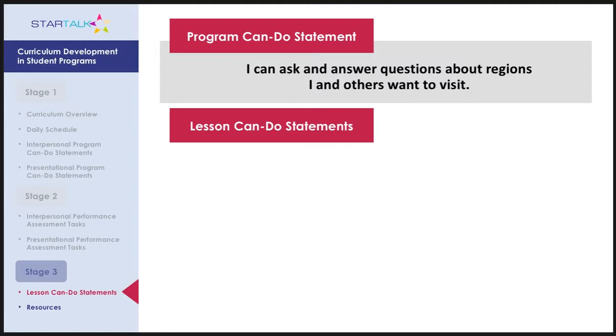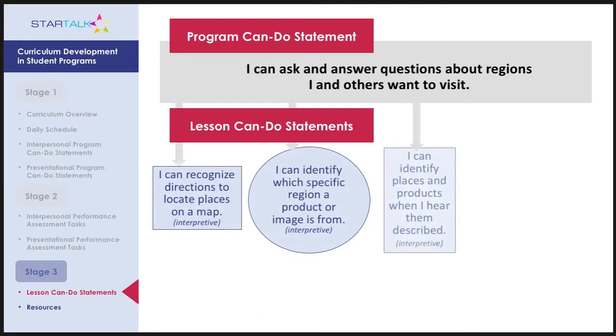If you look at this outline, you will notice that there are 3 interpretive tasks that are listed here. I can recognize directions to locate places on a map. I can identify which specific region or product that image is from. I can identify places in products when I hear them described.